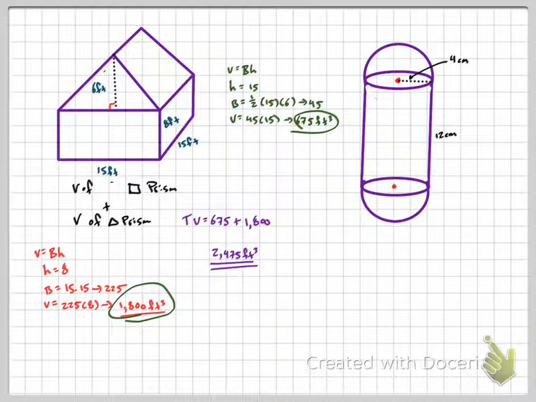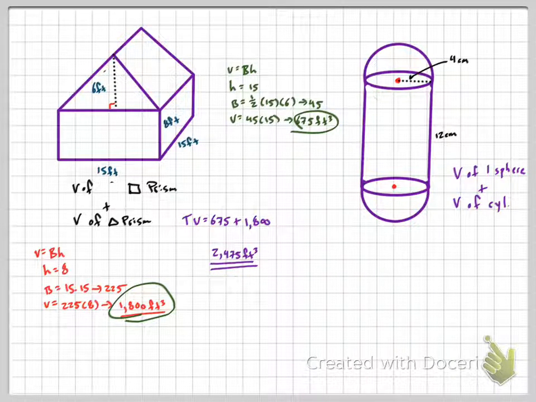So we can just find the volume of one sphere, and then add that with the other part of this figure, our cylinder. So we need the volume of the cylinder.